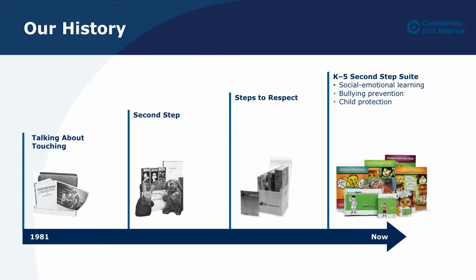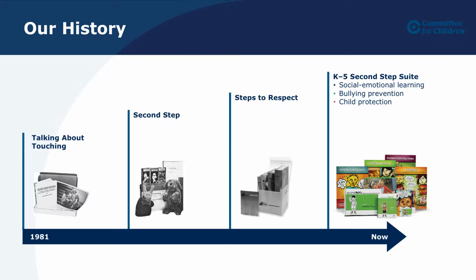Many people ask why our program is called Second Step, so I'll just give you the really quick version. The reason the program is called Second Step is because as an organization, Committee for Children first began our work in studying the effects of child abuse and child sexual abuse and developing that program, Talking About Touching, you may have seen before.